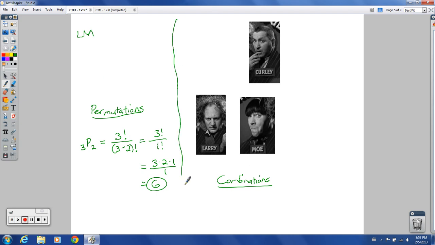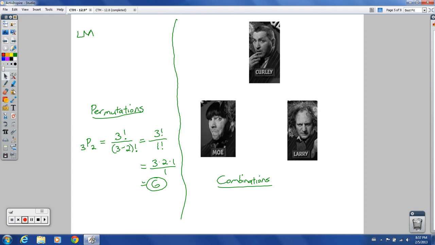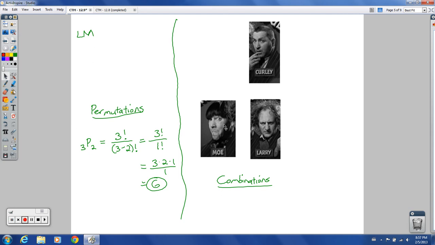Another possibility is to switch those guys around: now Moe and Larry. If order makes a difference, this is a completely different thing. But if order doesn't make a difference, L and M ends up being the same as M and L. So with a permutation, these two things are different, and we count them twice.